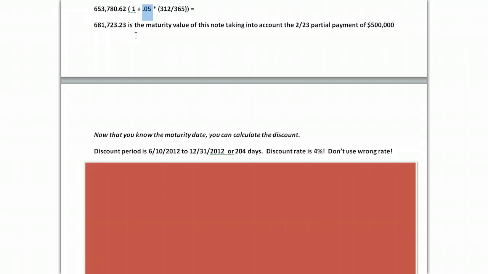And we talked in a prior class about how to do this equation so that you can figure out up front the amount that's a fair profit and then back into the discount, so that you could walk into the bank and say, if you buy my note and you give me this much money, I will allow you to make a profit off of me of X dollars for holding this for a short period of time.